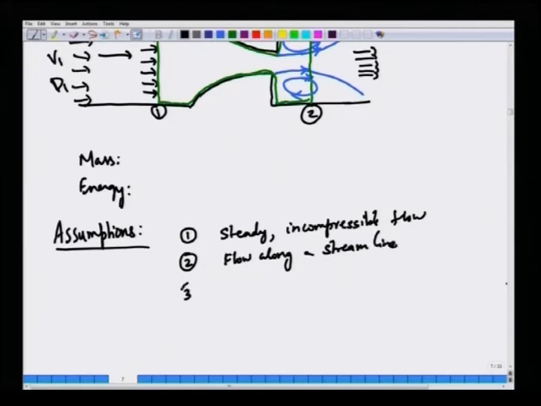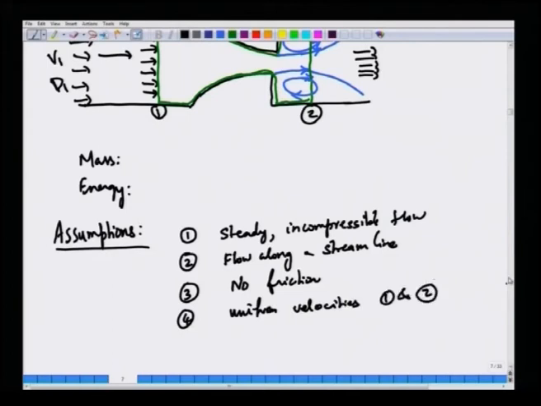We will assume no friction and uniform velocities at stations 1 and 2.